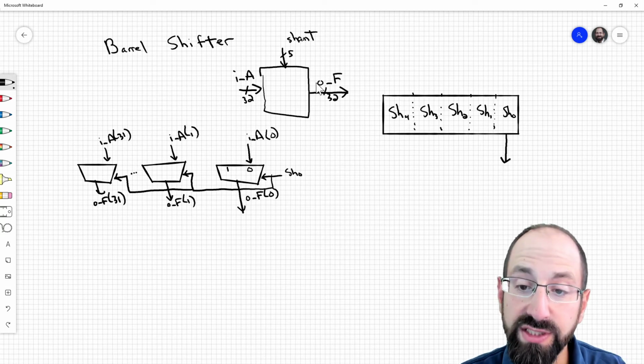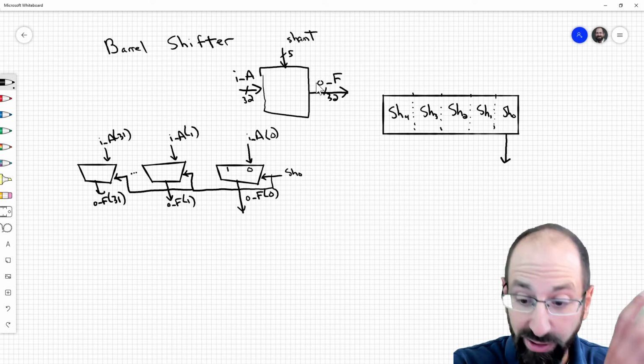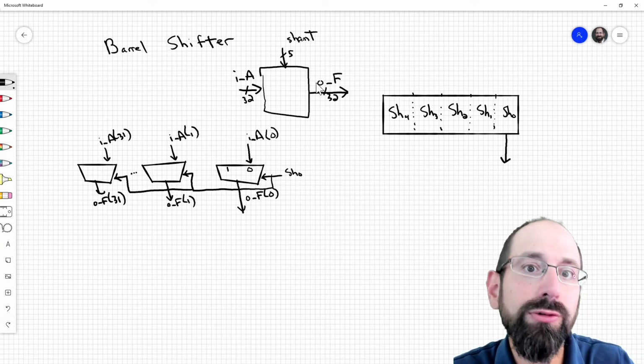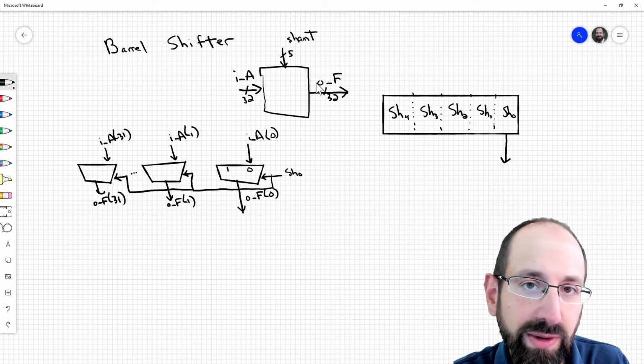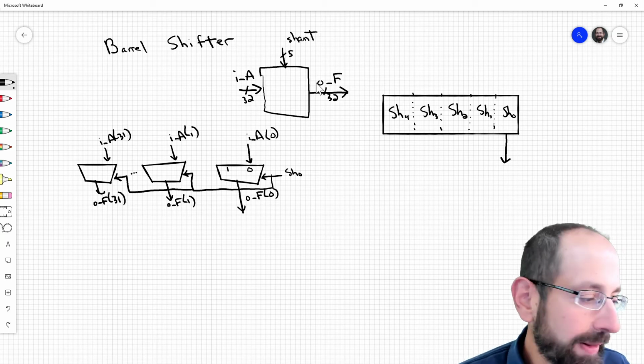If shift amount is 0, for just that single bit of shift amount, we shouldn't do anything. We should just take our input as output. You can do a shift left logical with a 0 shift amount. That's fine. It doesn't change the input at all, but it's a valid way to consider it.